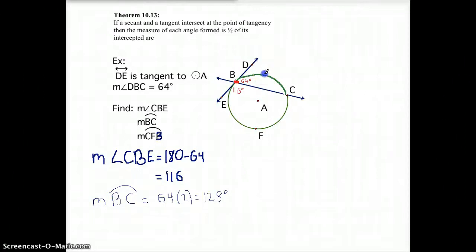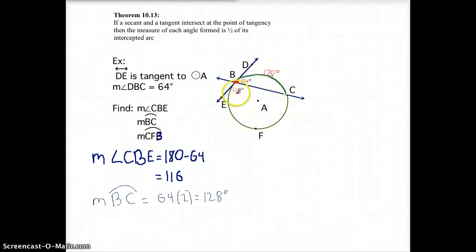So this arc up here is 128 degrees. Now the last part is to find the measure of arc CFB, and again, sorry about the typo there. Arc CFB I know is a major arc because I go from C to F and then to B. Now there's two ways that I could think about finding this arc measure.